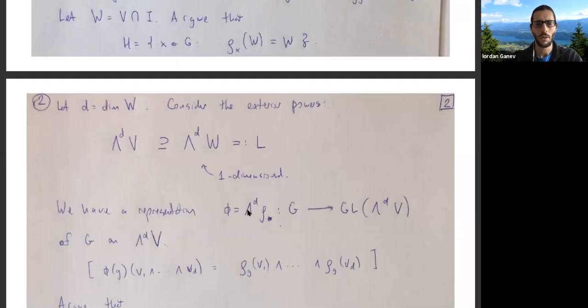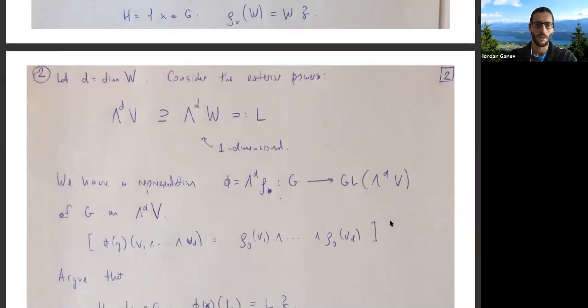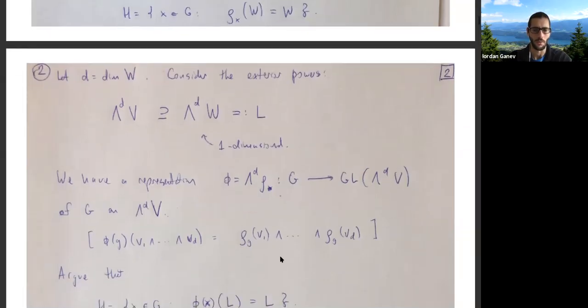So we can take the dth exterior power of the rows, and that gives us a representation of G on this exterior power. This is the explicit formula: we just act by row G on each component of a simple tensor. If you're not familiar with this notation, this denotes the image of V1 through Vd in the tensor algebra, the image of that inside the exterior power.